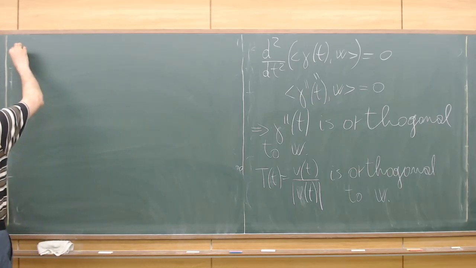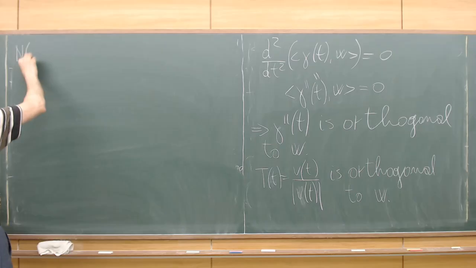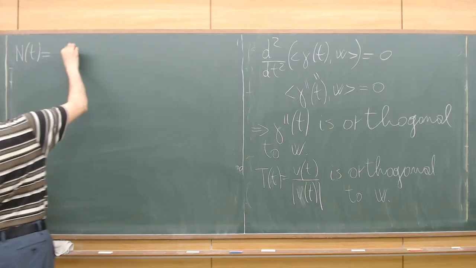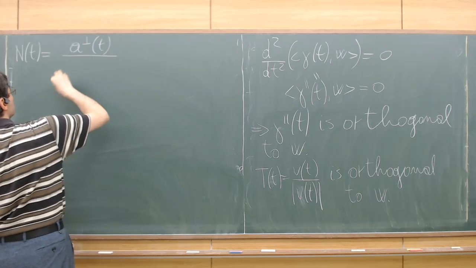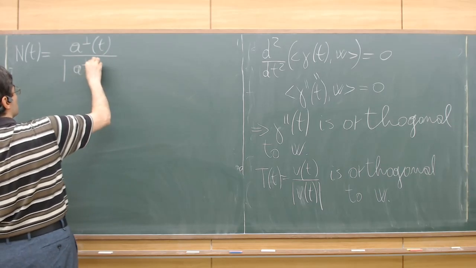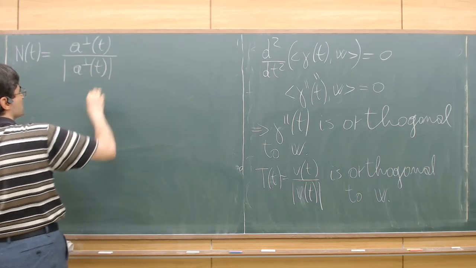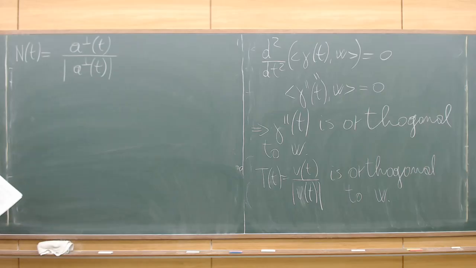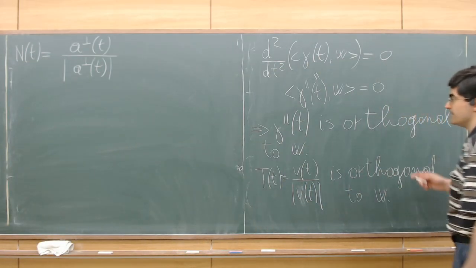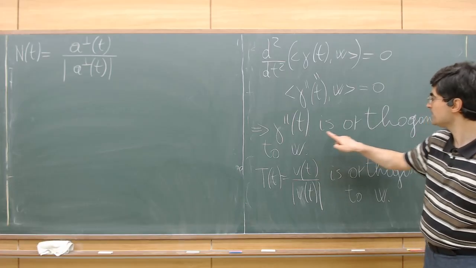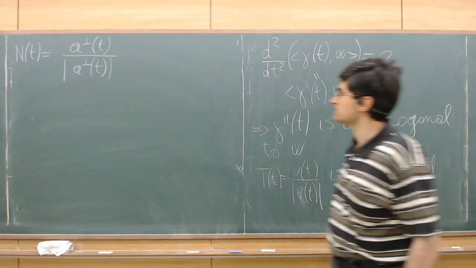What about N? N(t) is the orthogonal part of the acceleration divided by the length of the orthogonal part of the acceleration. But what do we have here? Here we have that gamma second is orthogonal to w.